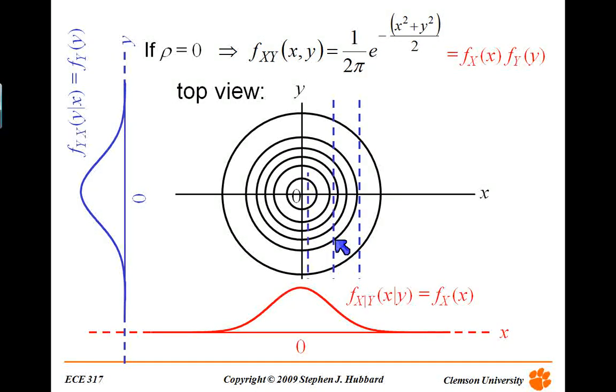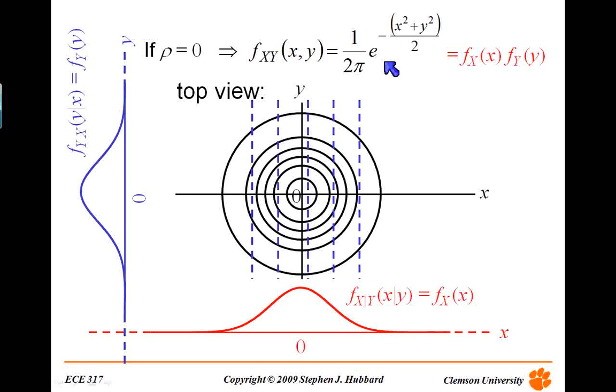So no matter what value of x I slice through it at, the peak would always be at 0, because the contours of this surface are all circular. That's why when you multiply the marginal PDFs together, you get this joint PDF. That's another expression of the condition of statistical independence.